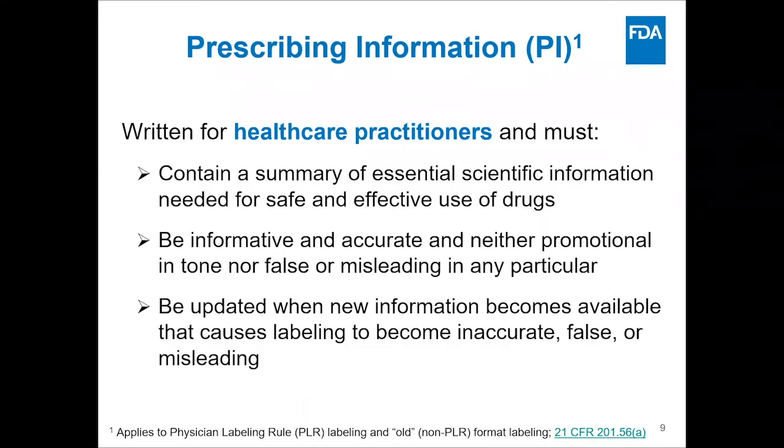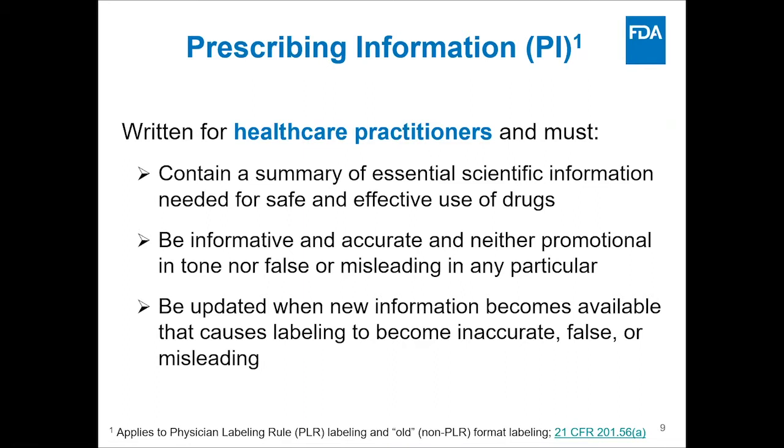The third main category of prescription drug labeling is the prescribing information, and that's the focus of today's discussion. This is written for healthcare practitioners. I should say earlier, FDA-approved patient labeling is written at or below the national reading level, which is about a 7th grader, maybe a 6th grader.